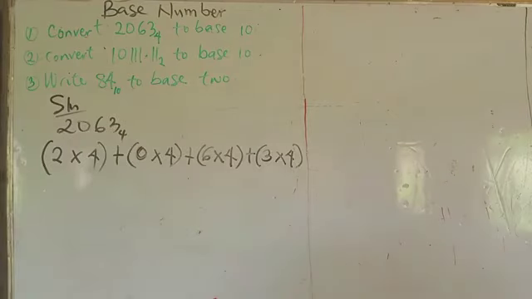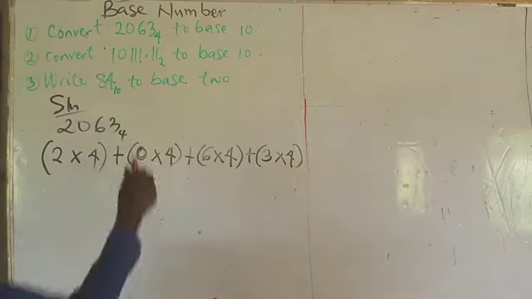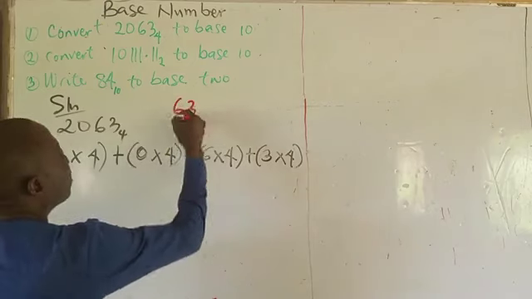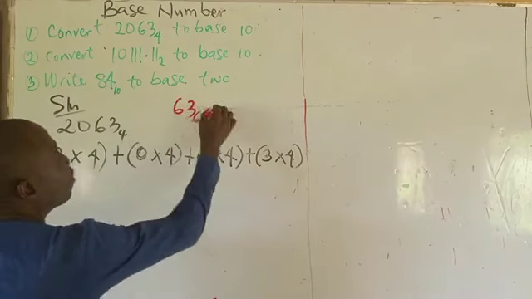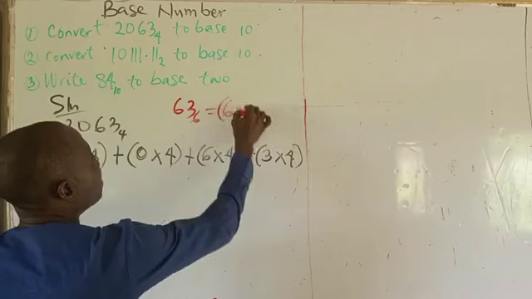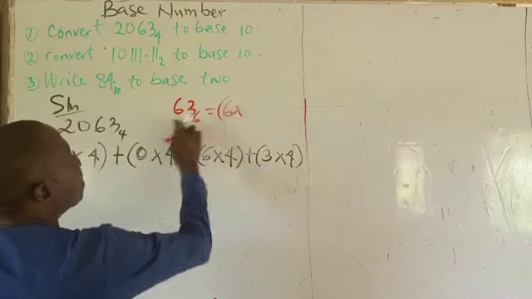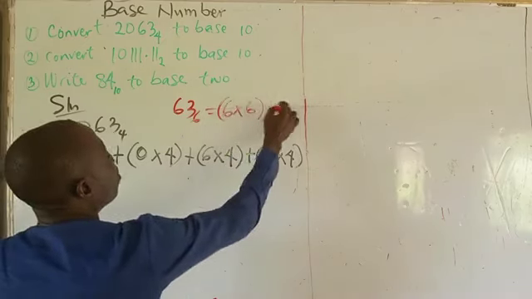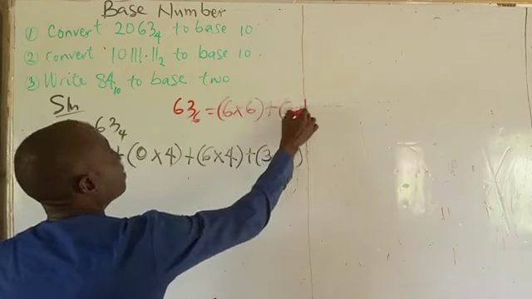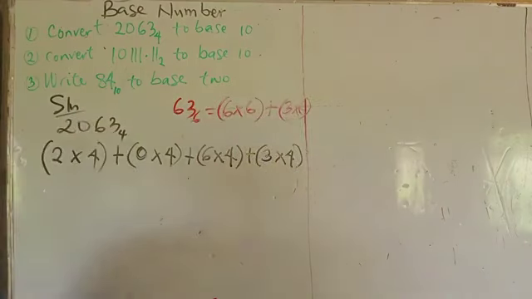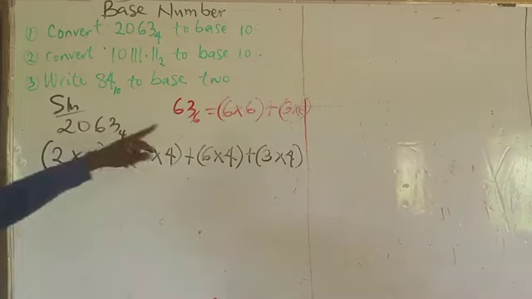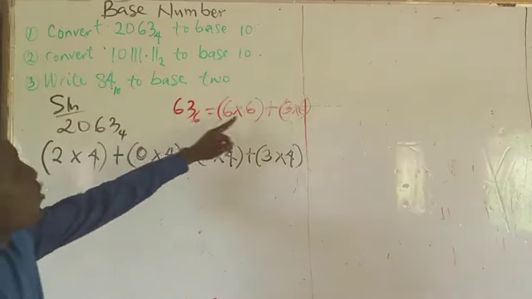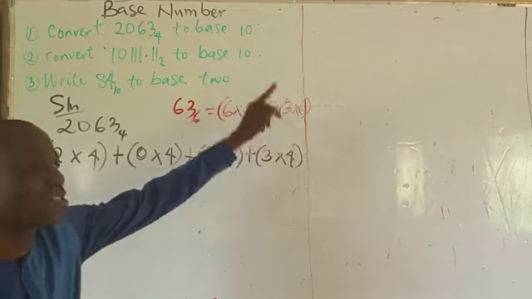If it was, for example, 63 in base 6 to base 10, what we would do is 6 times 6 plus 3 times 6. You multiply each of the numbers by the base you are converting from and add the other number.